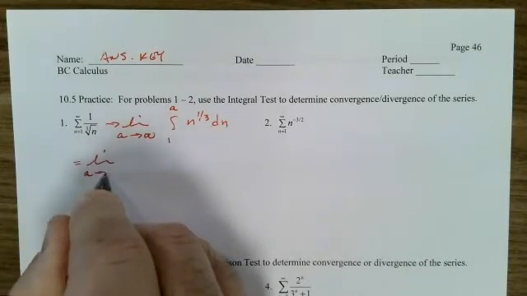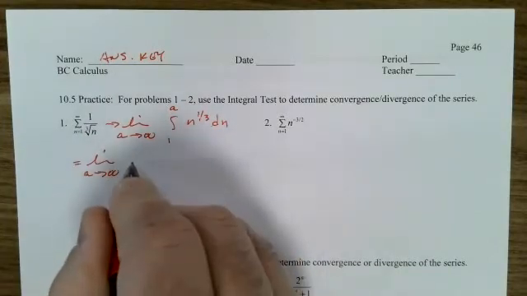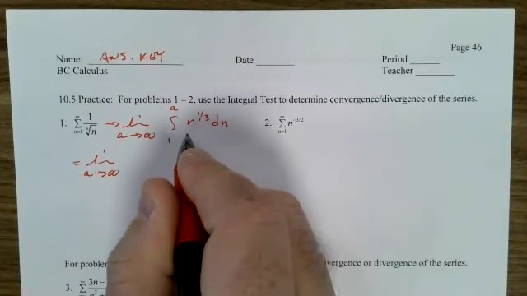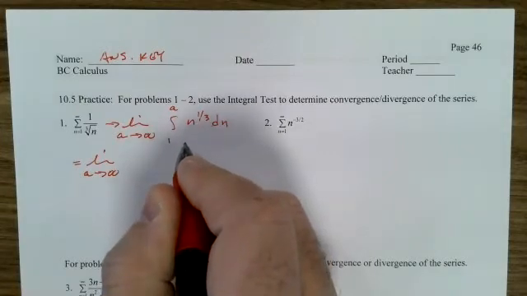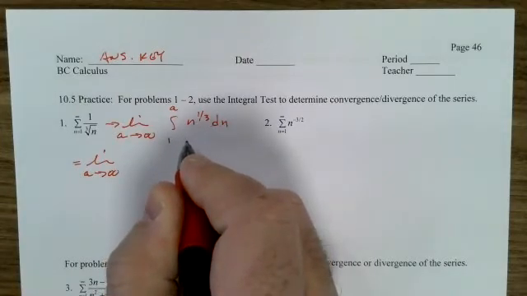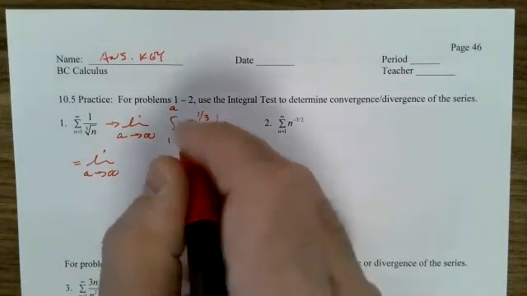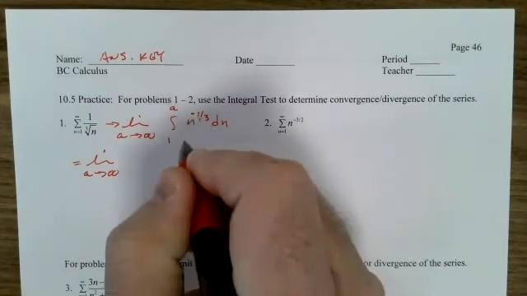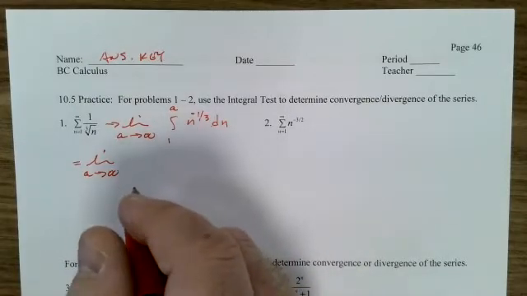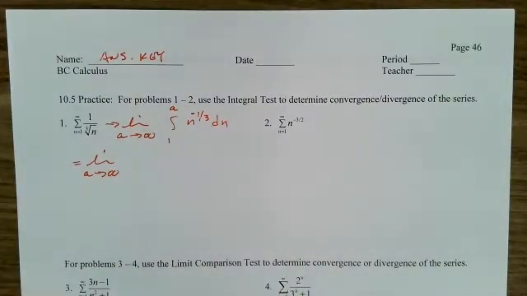Limit as a goes to infinity, add 1, 4/3, divide by that, get 3/4. I did that wrong. Oh, that's a negative 1/3, that's why. And when I get 2/3, divide by that, get 3/2.